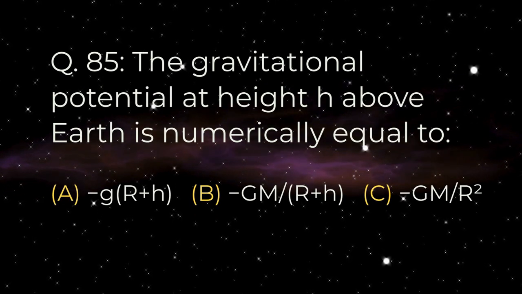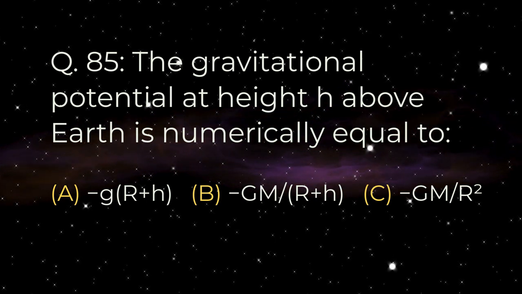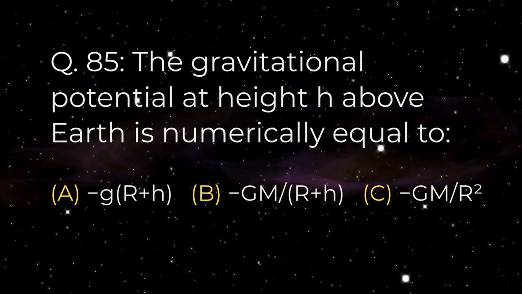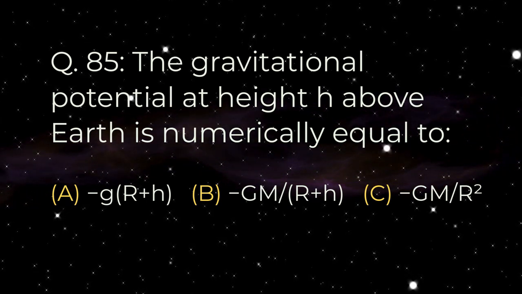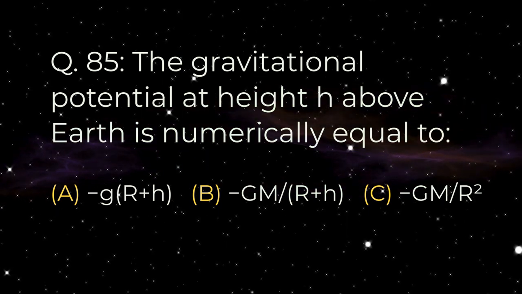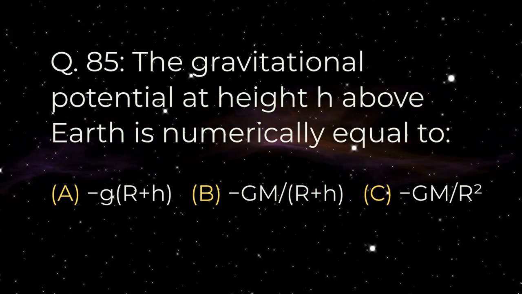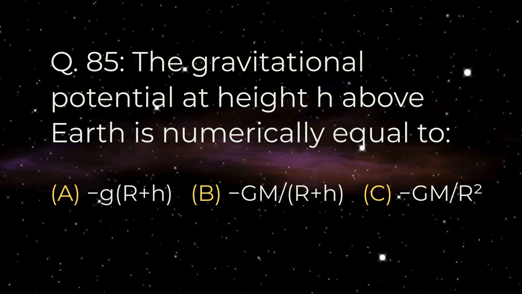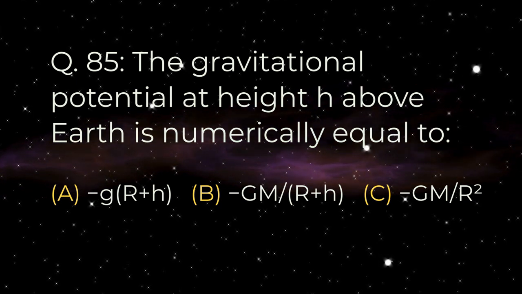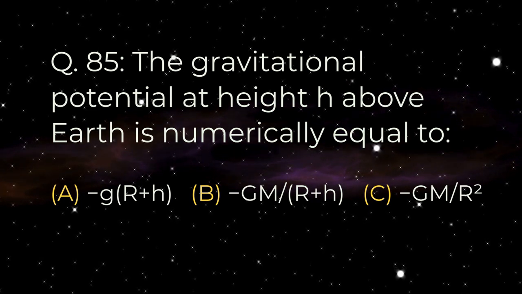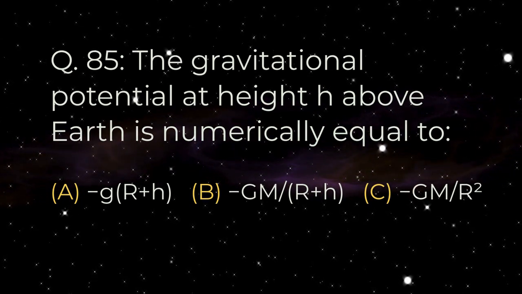Question 84. A satellite moving in a circular orbit has: option A, constant velocity; option B, constant momentum; option C, constant angular speed. Question 85. The gravitational potential at a height h above the Earth's surface is numerically equal to: option A, minus g multiplied by R plus h; option B, minus GM divided by R plus h; option C, minus GM divided by R squared.